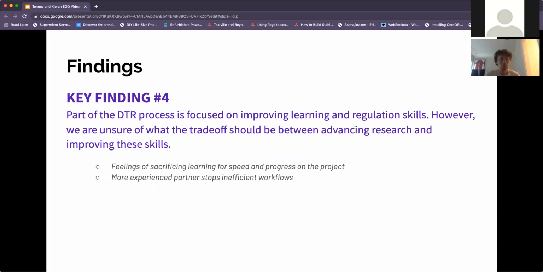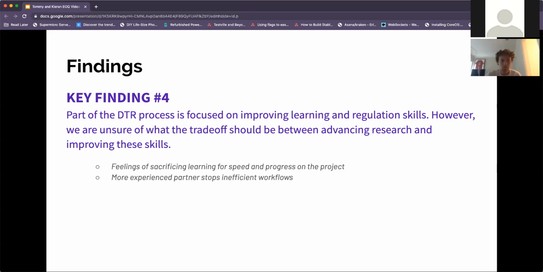Students felt that if they went to certain resources, such as an experienced partner who might tell them what to do, they'd be able to get practical advice that wouldn't block their project. However, they might learn more if a PhD mentor suggested ways to start thinking about a problem.